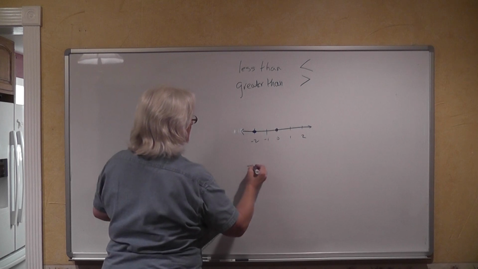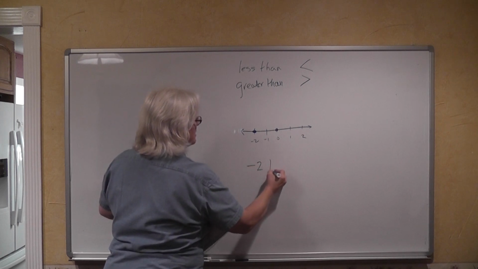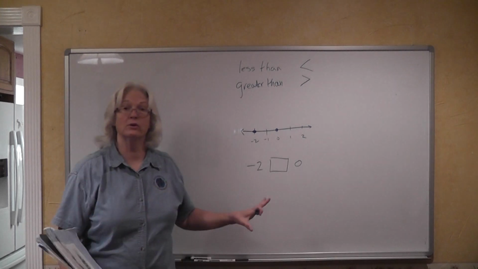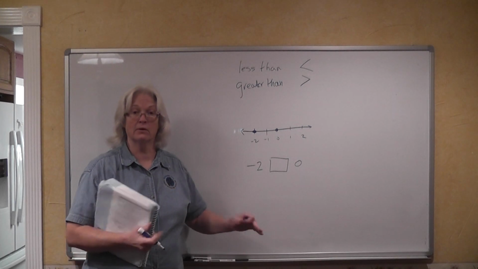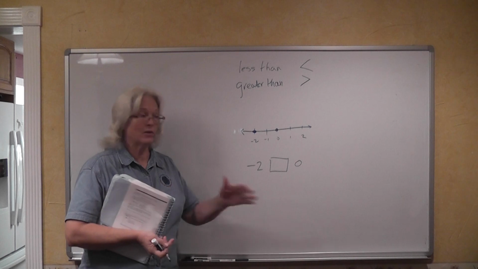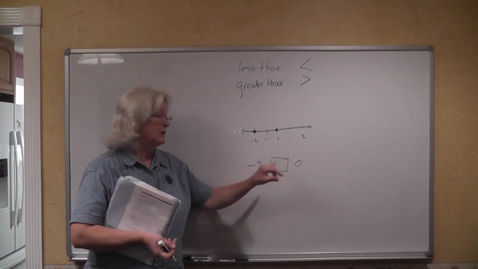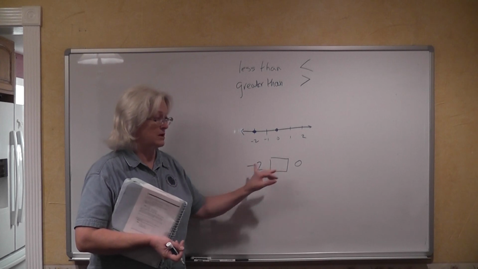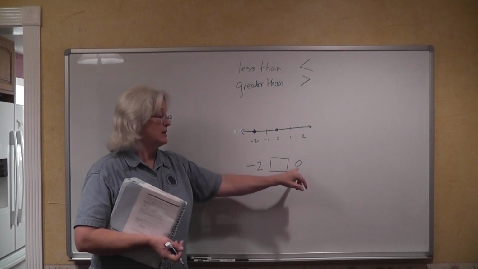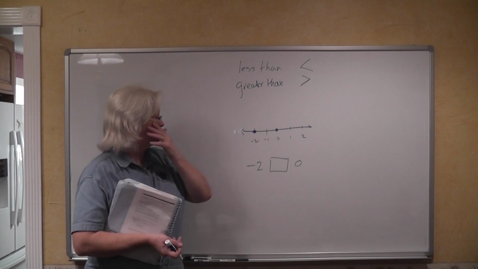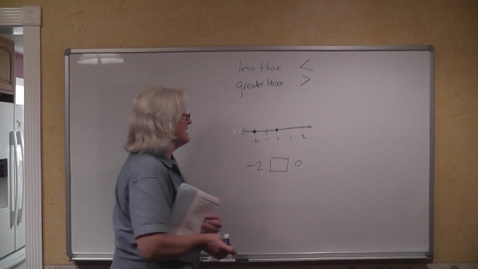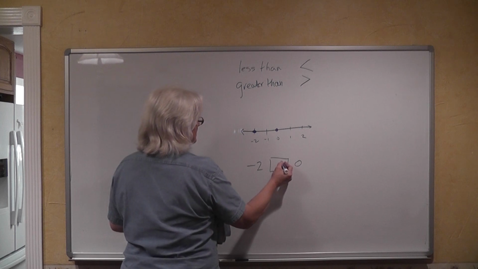And we want to know, is -2 greater than 0? Or is -2 less than 0? Now in real life, would you rather have no money in your pocket, or would you rather owe mom and dad $2? Well, it's much worse to owe somebody $2 than to have no money, okay? So what you see here is that -2 is less than 0.